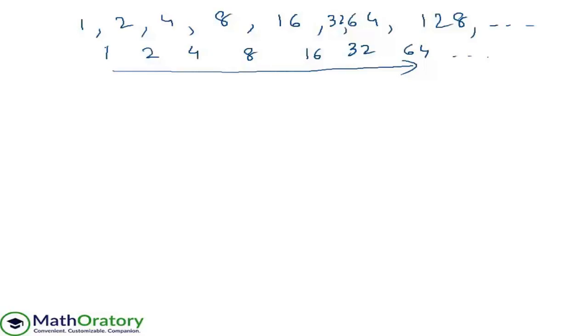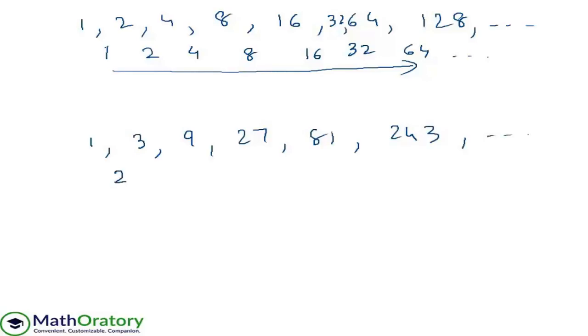Just by logic, tell me this: is it possible that this difference would ever get constant? The difference is again the same terms itself. So how would the difference ever be constant? The same with something else. Let's take 1, 3, 9, 27, 81, 243, powers of 3, let's say.